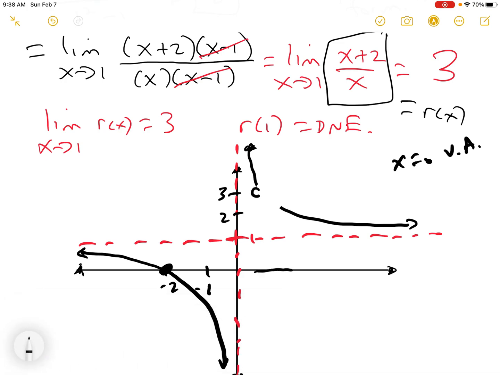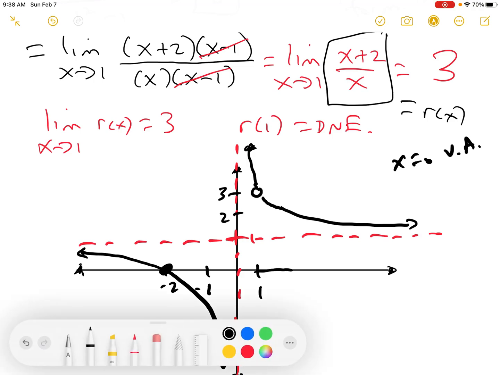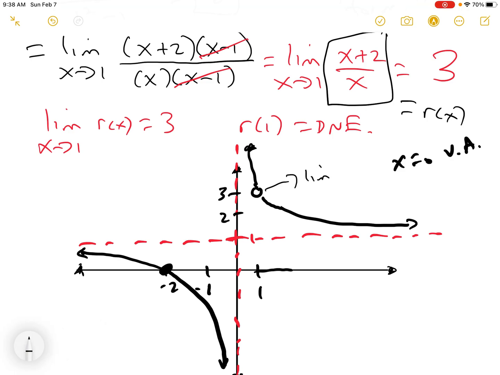So at 1, 3. And that's what this thing looks like. And so here's your limit. It's too fat. Here's your limit here. The limit as x approaches 1 is 3, but r of 1 is undefined.